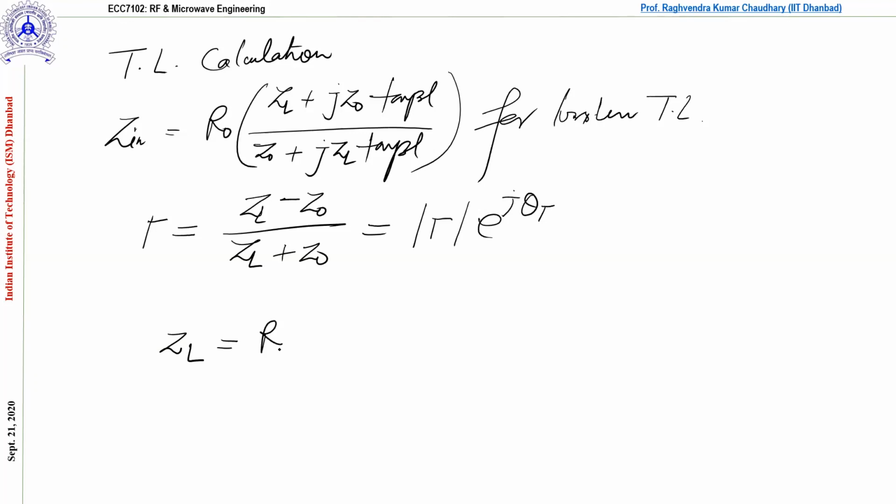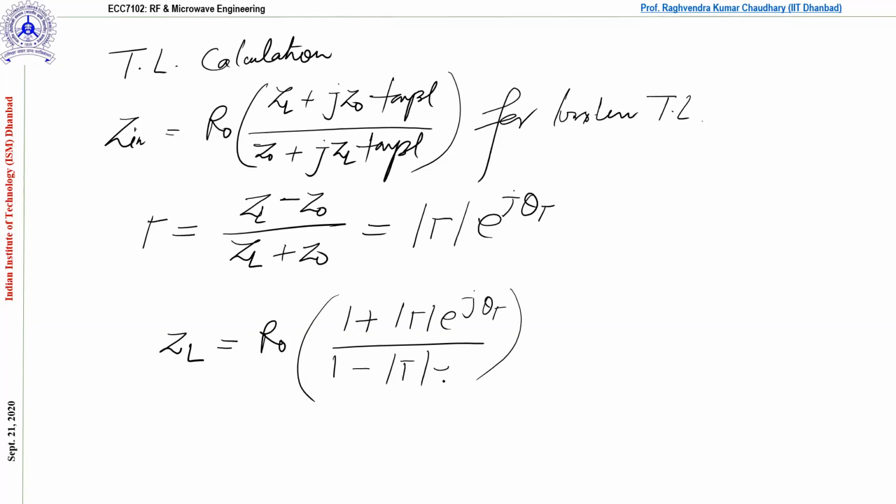This could be done with this formula, which is Z naught times (1 plus mod of gamma e to the power j theta gamma) over (1 minus mod of gamma e to the power j theta gamma). So these are very important formulas, and frequently we are using these things.